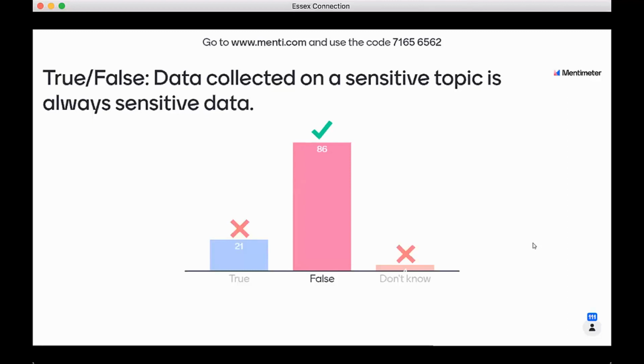Sensitive data, which we'll talk about a little later, is very strictly defined within law to refer to very specific social characteristics. Often what we deem to be a sensitive topic to research can expand beyond that legal definition. There's obviously a very human evaluation put on research there. So they can be the same thing, but not necessarily always the same thing.